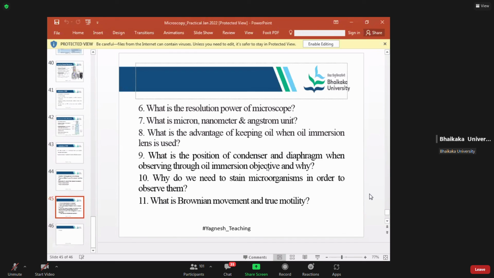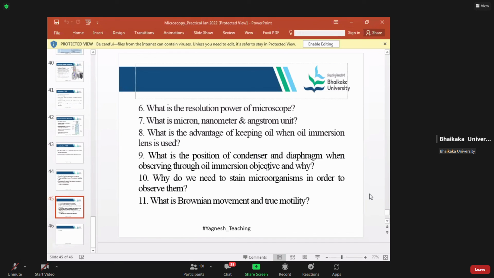I skipped this portion because I understand you know these things. What is micron, nanometer, and angstrom unit? I skipped this deliberately as well because I hope you know this. What is the advantage of keeping oil when the oil immersion lens is used? We have not discussed this. What is the position of the condenser and diaphragm when observed through the oil immersion objective and why? This is also done in previous years.